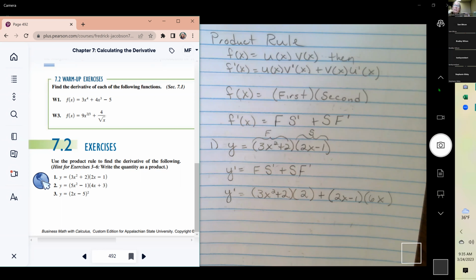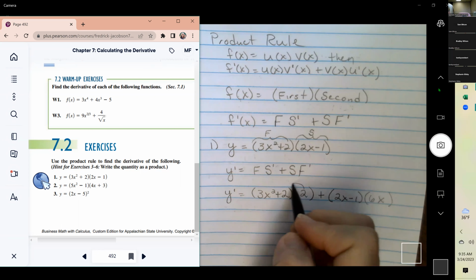Now, on a test, you could leave it like that, and then if you have to plug in, just plug in. My math lab may want it reduced. It depends. Some problems, they allow you to leave it without reducing or simplifying, and other times they want you to simplify.